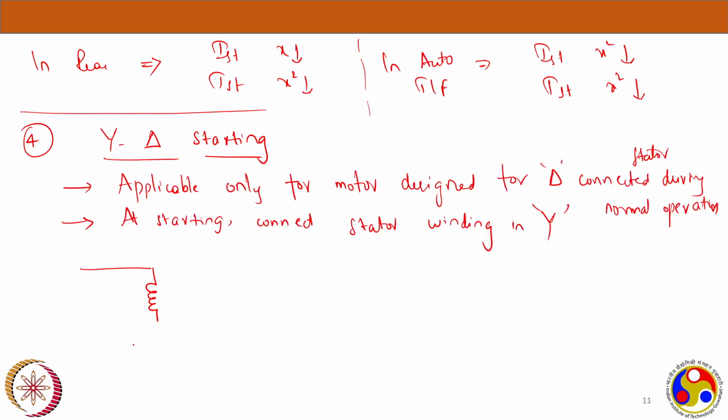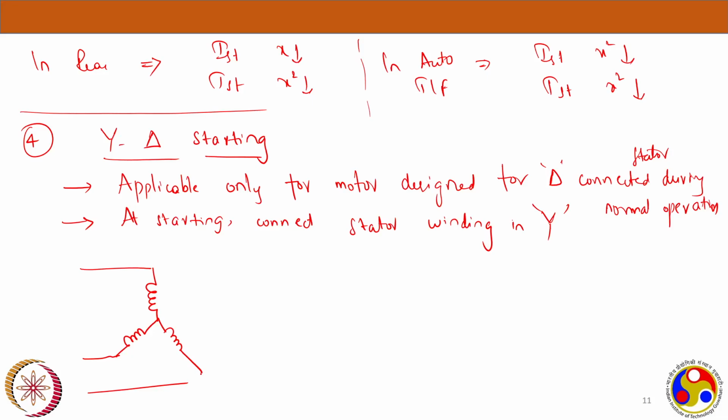This is the winding of your machine in star at the starting. This is your rotor, cage rotor, and this is the star winding for your stator.